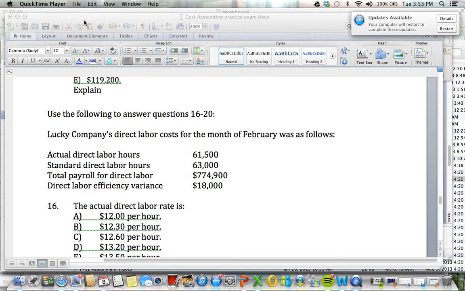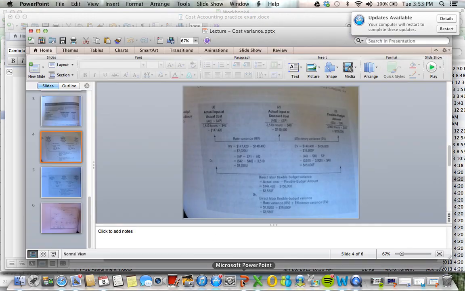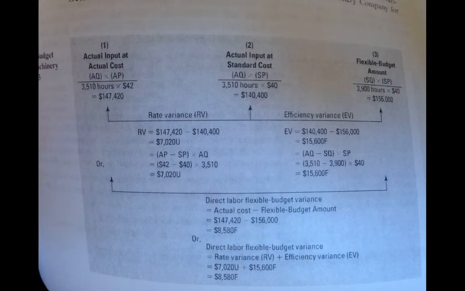Now guys, in order to know these questions and understand them, I highly recommend looking at this slide and in general learning the setup of this in the book for the other two slides like this, so you know the definitions. I want you guys to understand what is the flexible budget amount, what is actual input at standard cost, what is actual input at actual cost.